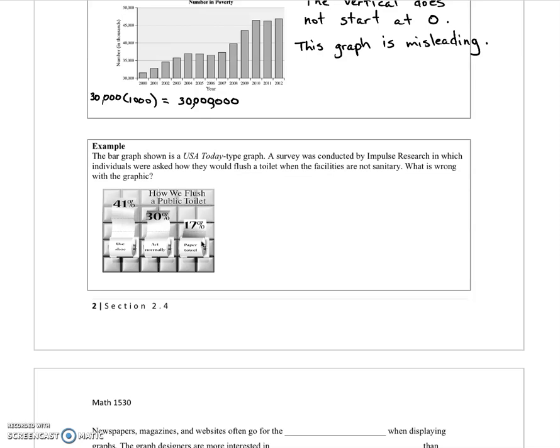What's the problem with this? The problem is we don't know exactly what represents those percentages. So do the bars of the graph include the rolls of toilet paper or just the unrolled part?